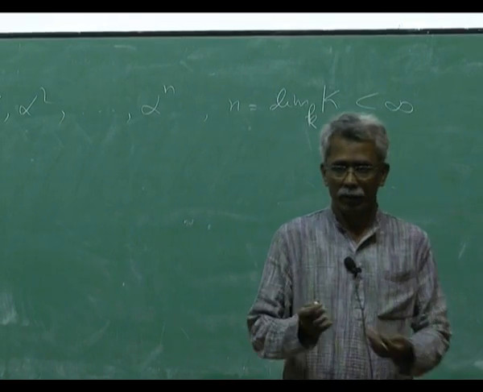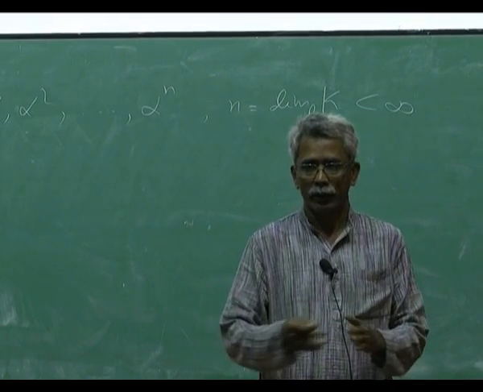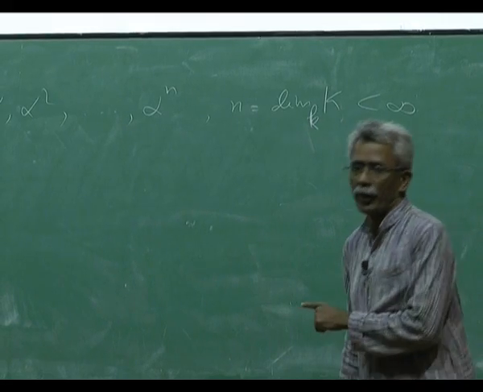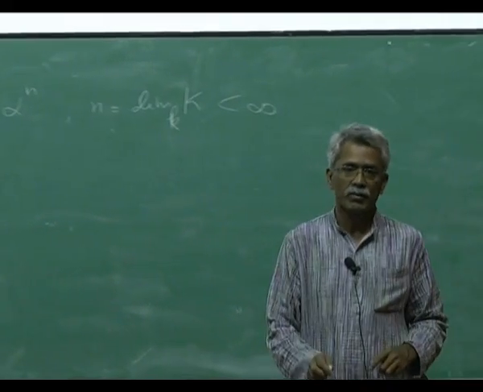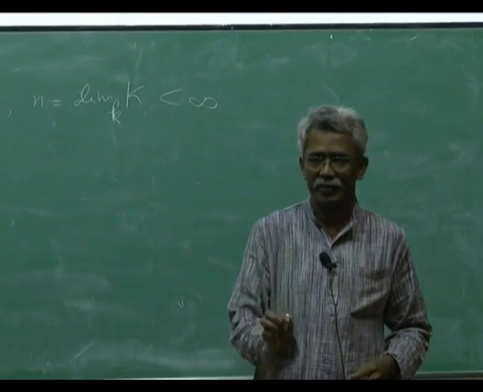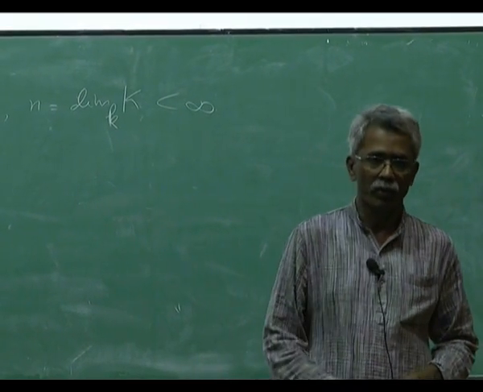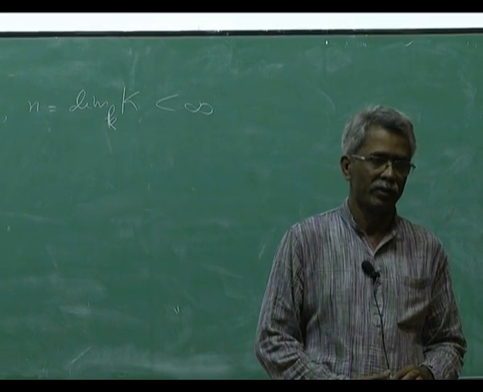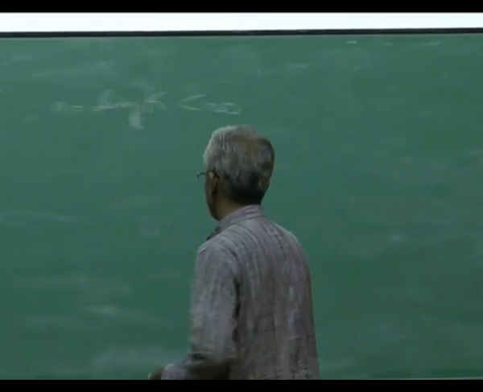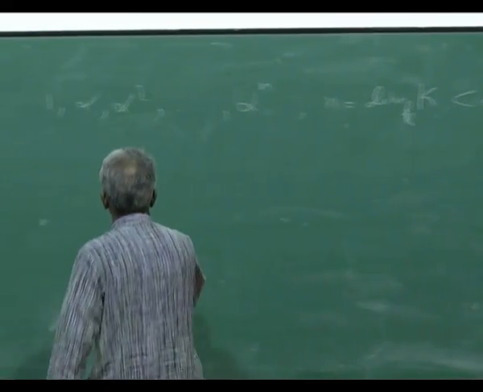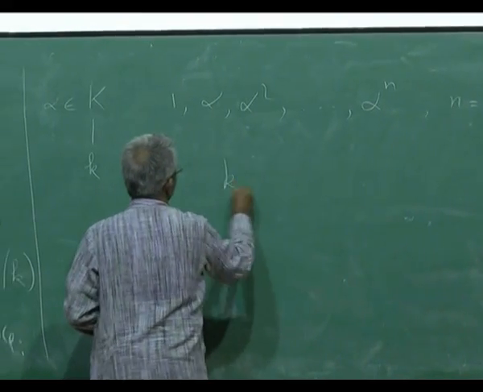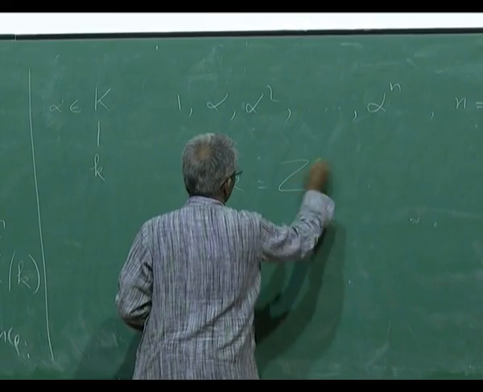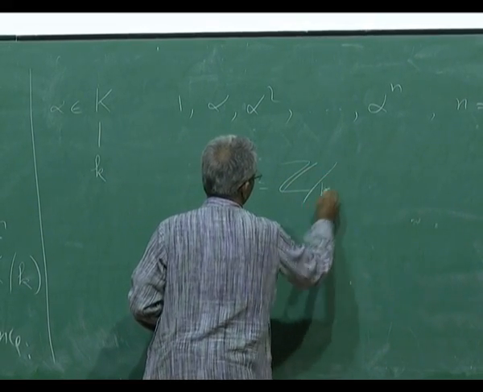I should now give an example of something which is not a separable extension. Let me give an example of that. So we want an example of an extension which is not separable, and there you will understand why it is so. So let us look at the field small k to be, well, we all know Z mod pZ.